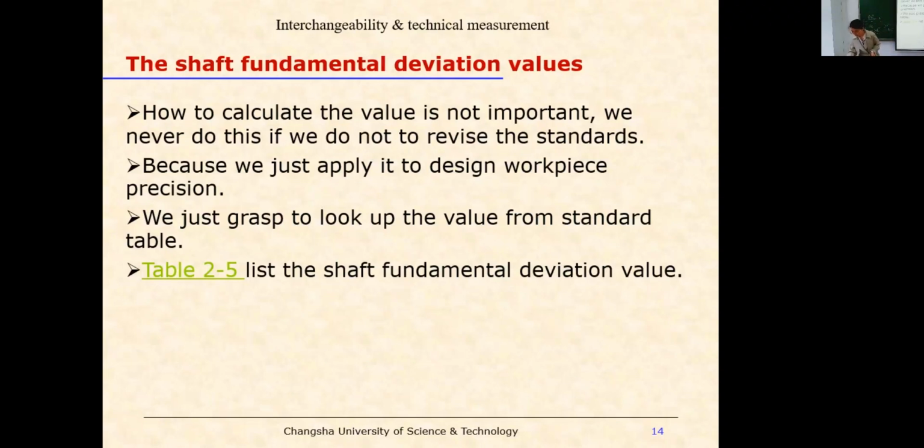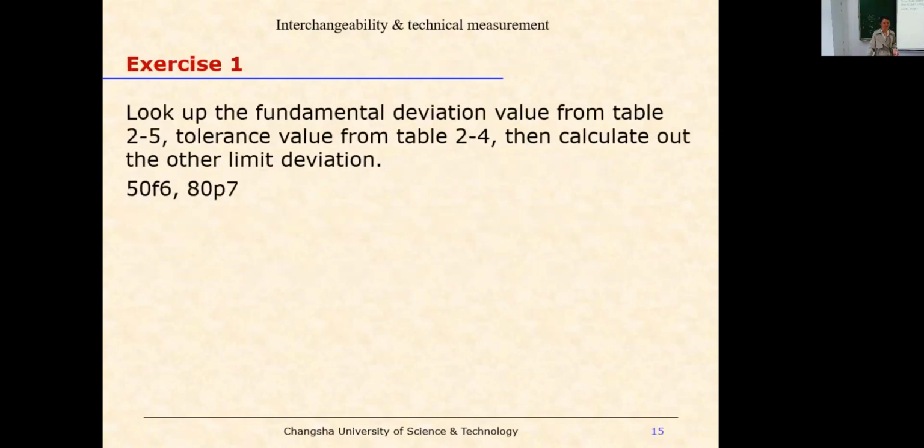The fundamental deviation values of the shaft are listed in Table 2.5. For example, look up the fundamental deviation value from the table on page 32, and the tolerance value from Table 2.4.